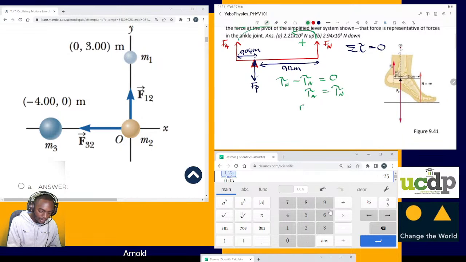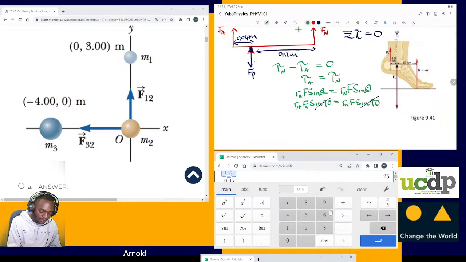So this is going to be Ra F sine theta, which equals Rn Fn sine theta. That will be Ra Fa sine of 90 equals Rn Fn sine of 90, meaning that this will cancel, that will cancel.